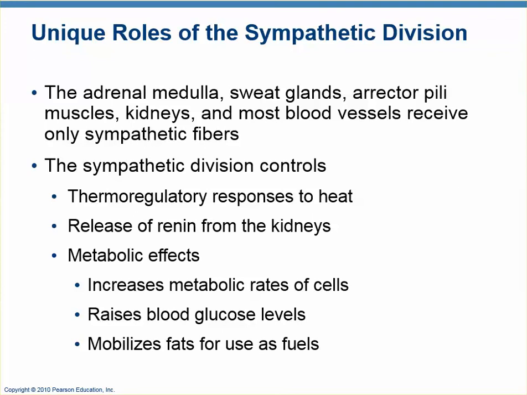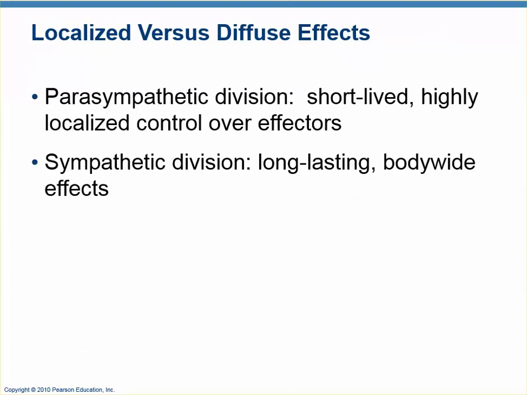So again, sympathetics: thermoregulation responses to heat, renin from the kidneys, which increases blood pressure, which the sympathetics already do, increase metabolic rate of cells, mobilize more glucose, mobilize fat, that kind of thing. Parasympathetic tends to be short-lived and local. Sympathetics tend to be long-lasting and body-wide.